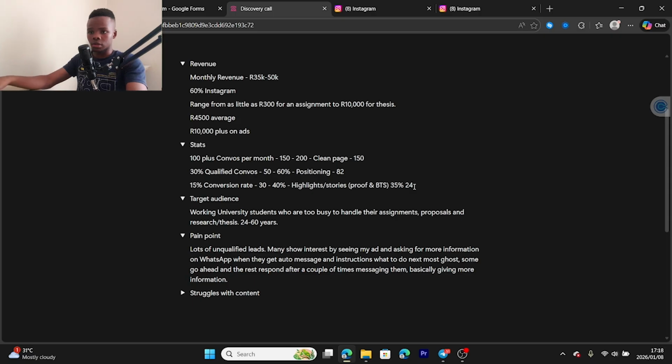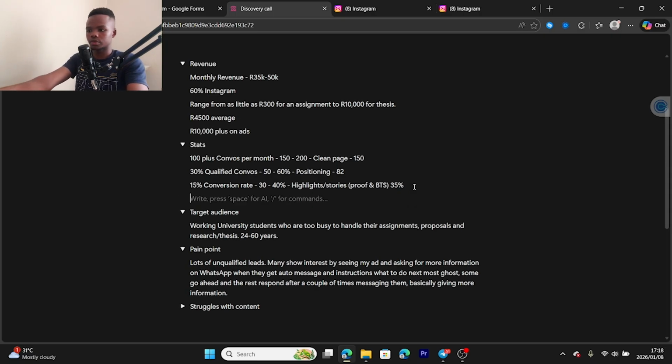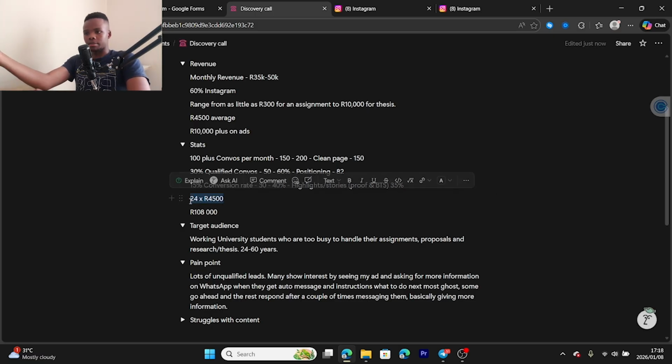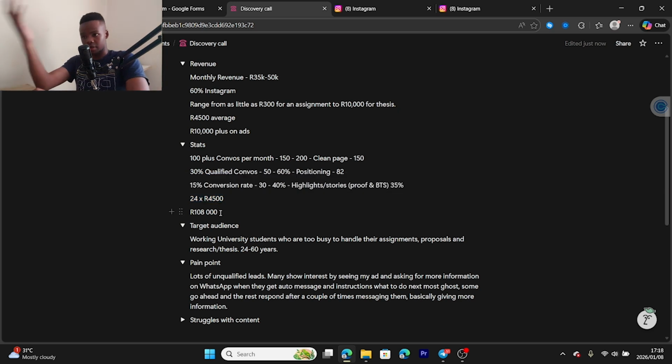And with the average order of, let's see, this is 24 times 4.5, 108 rents. Obviously this is not accurate, because this range is very big here, 300 to 10k. I just took the middle. So you can even get to like 6 figures if you can fix these things with the current ad budgets that you have right now.